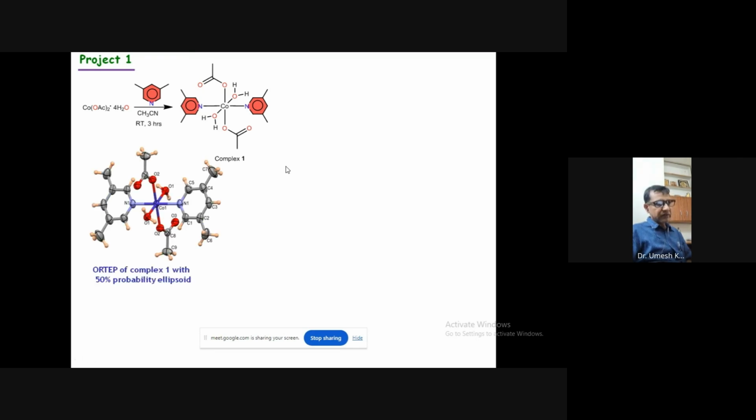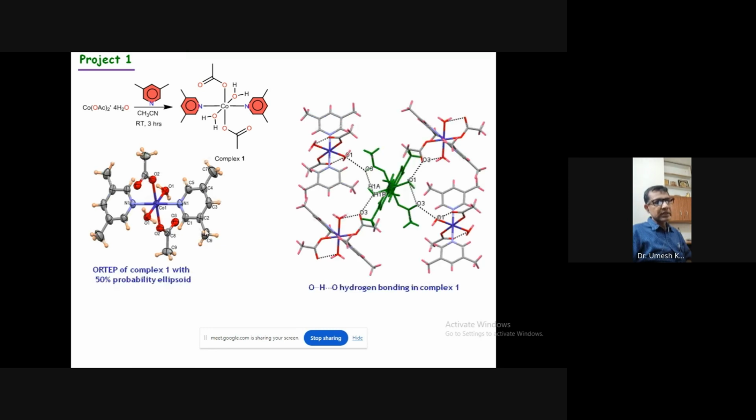This is a novel compound, reported for the first time, and we characterized it with single crystal X-ray data. We looked at the supramolecular view of the surroundings of these molecules in the crystal lattice.